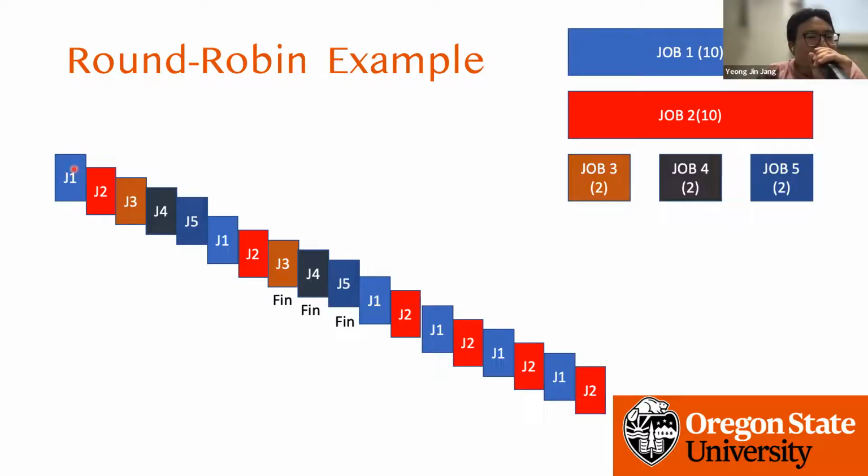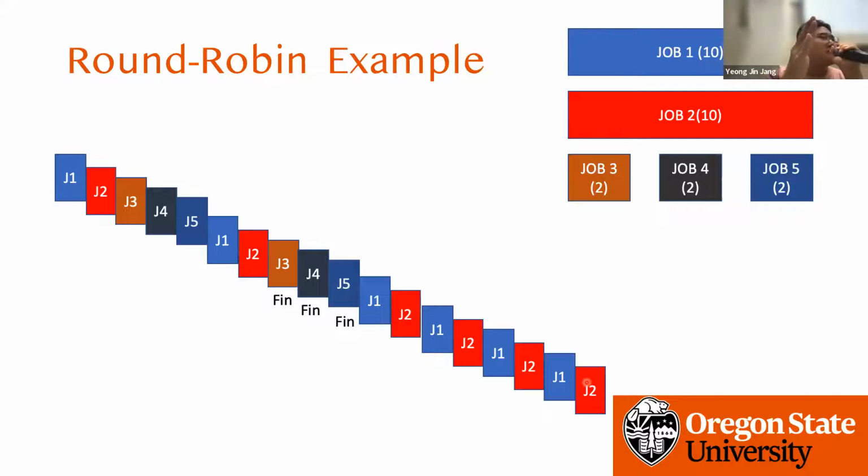So between this job 1 and job 2 execution, switching the context between the processes is not free. We need to consume a certain amount of CPU cycles to do that. So the bad thing about round robin scheduling is that it involves a lot of context switching.